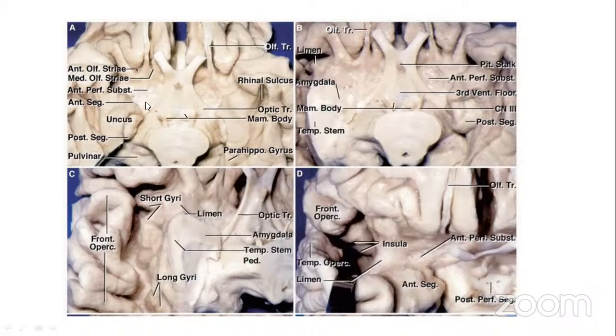Lateral to them, we have the anterior perforated substance, and on the lateral edge, in the middle, we can see the sphenoidal portion, and laterally we have the operculoinsular portion. Here we can see the insula. Behind it, we have the amygdala, the medullary bodies in the middle, and the temporal stem posteriorly.